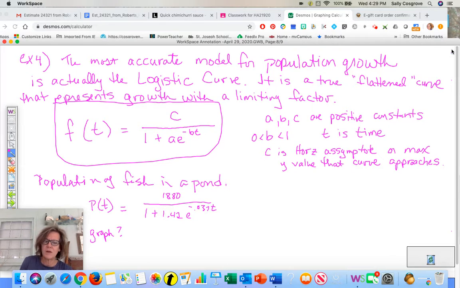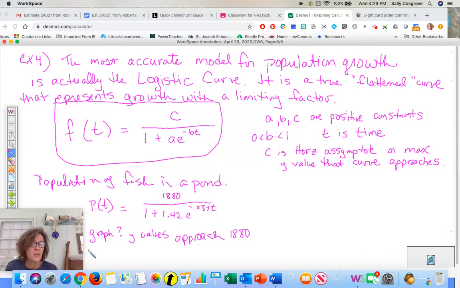So let's come over here because it's going to ask us about the graph, right? What does it seem to approach? The y values approach, which means they get near but never touch, 1880 fish.